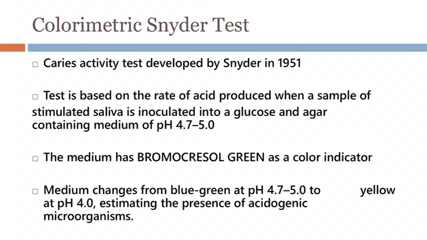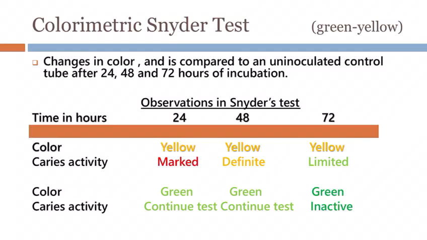Bromocresol green changes from blue-green at pH 4.7 to 5 to yellow at pH 4, estimating the presence of acidogenic microorganisms in the saliva. The color change is compared to an uninoculated control tube after 24, 48 and 72 hours of incubation.